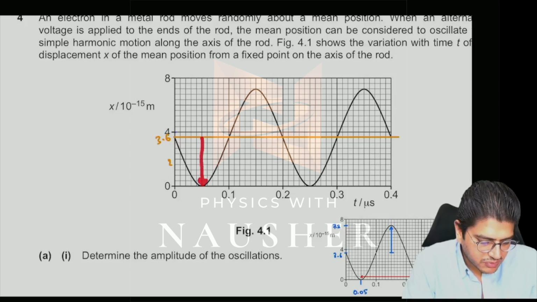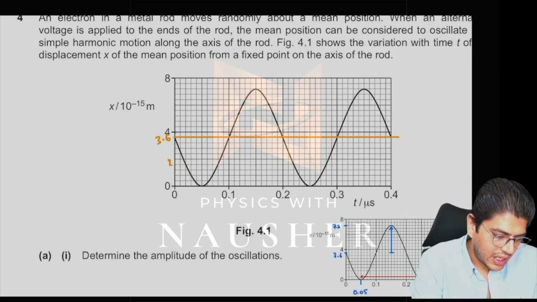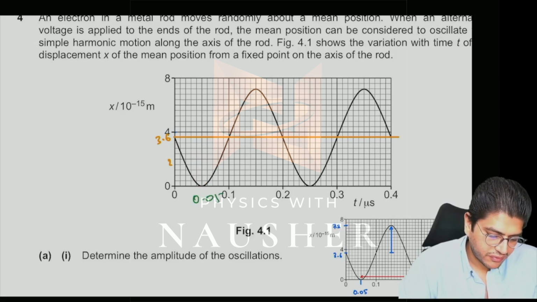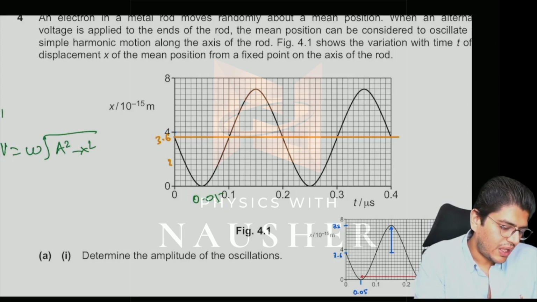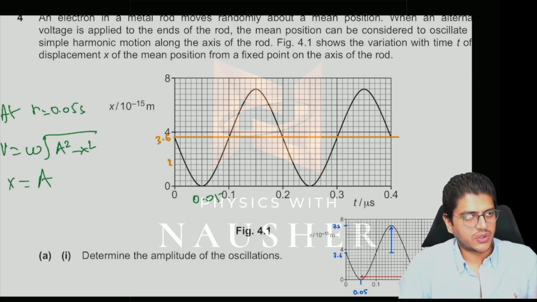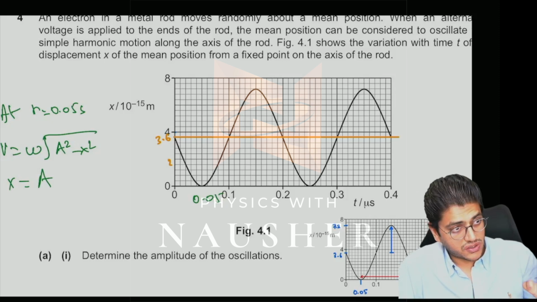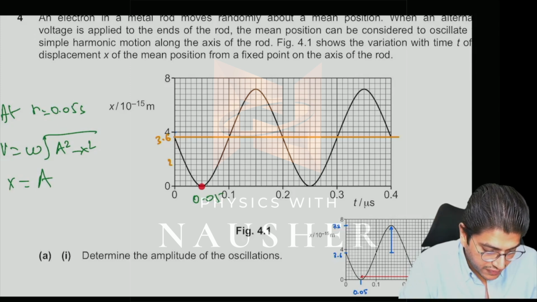Your displacement is maximum here, at 0.05 seconds. V is omega under root A square minus X square. At t is equal to 0.05 seconds, your displacement is equal to your amplitude. Does that make sense? This is your amplitude.